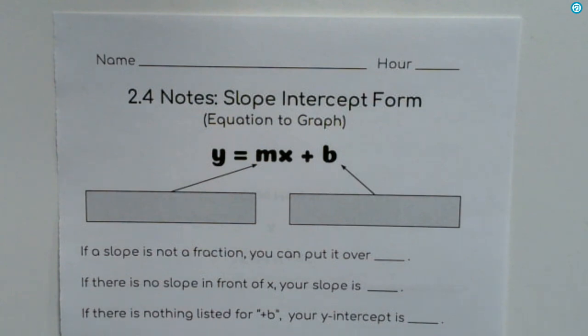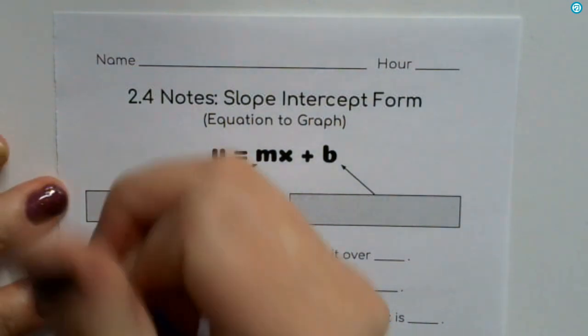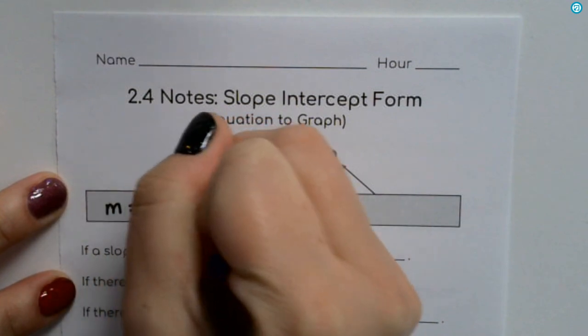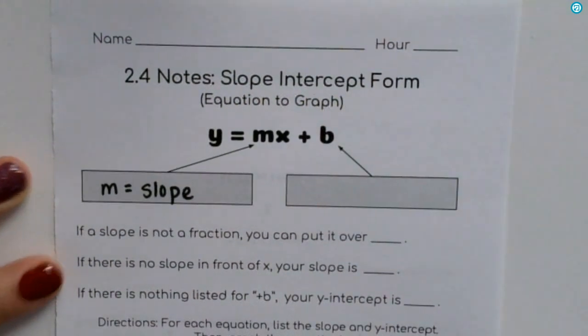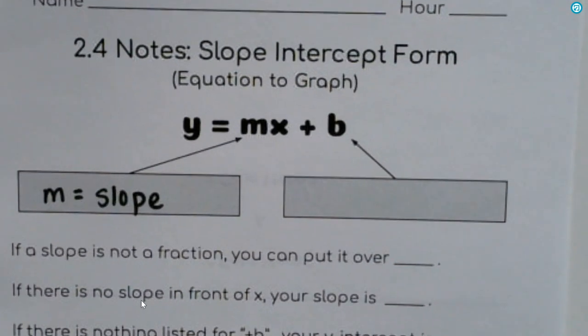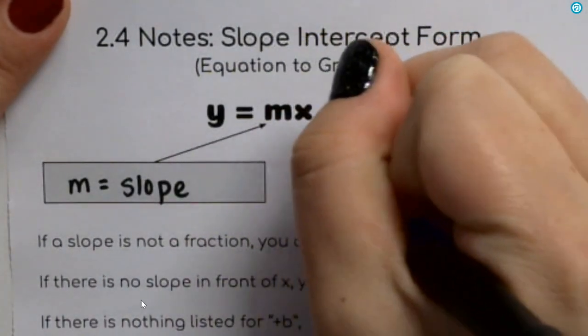So what we are going to do, we've got y equals mx plus b. That m is our slope. So m equals our slope. Then that b is our y-intercept. So b equals our y-intercept.